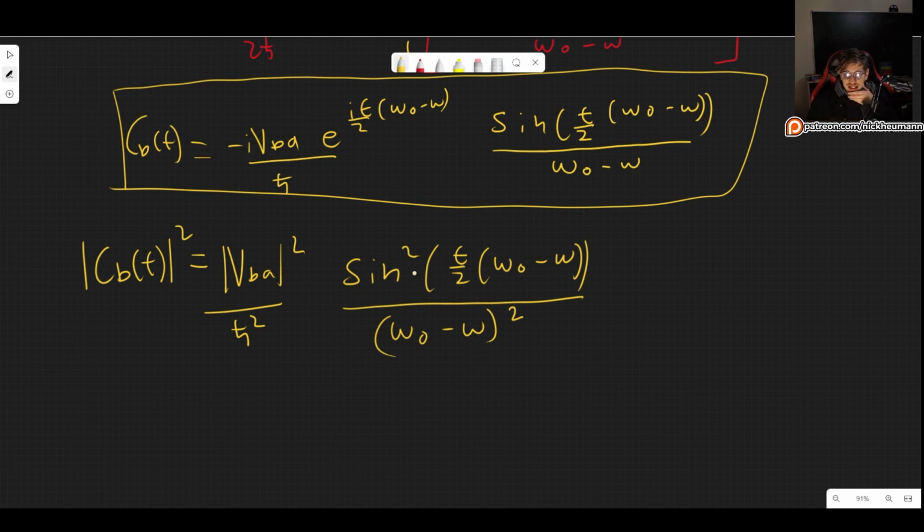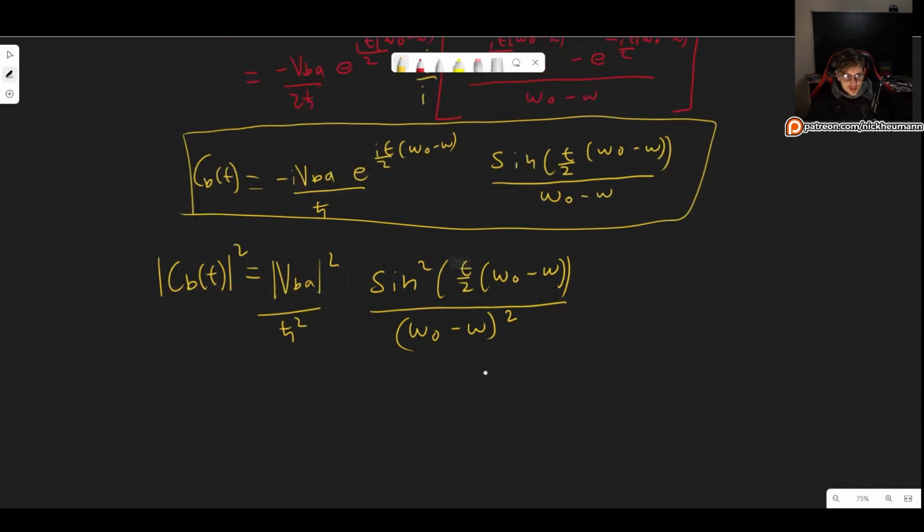Now, what is very interesting to note is the form of this, because as you can see, our particle is going to be oscillating back and forth between states A and B, because sine here will go to 0 and to 1, all the way to 0, all the way to 1. So this is going to be constantly oscillating back and forth.